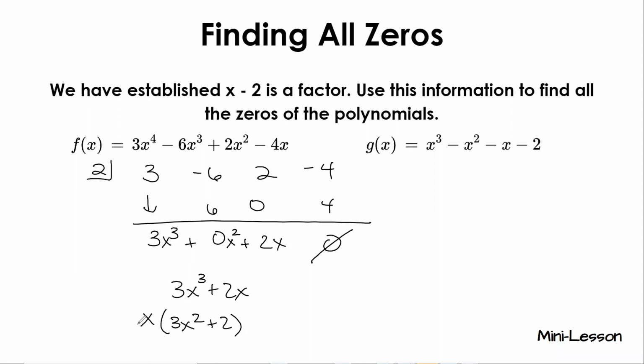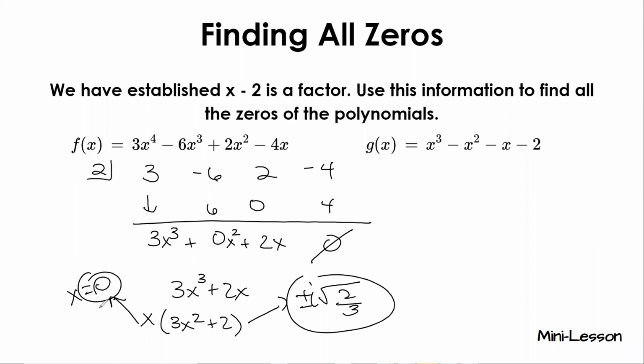We set this equal to 0, so x equals 0. We set this one equal to 0 and solve. That gives us positive and negative square root of 2/3, and there's going to be an i out front. I did that pretty quickly. So these are going to be our zeros.